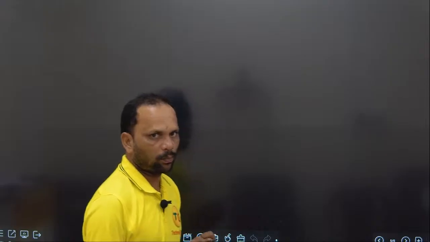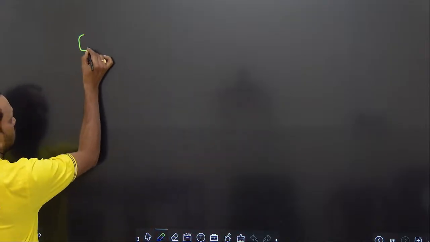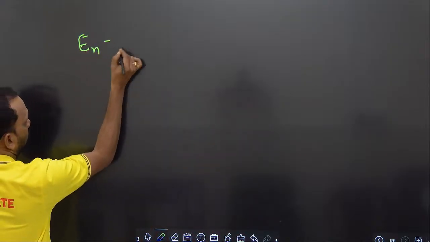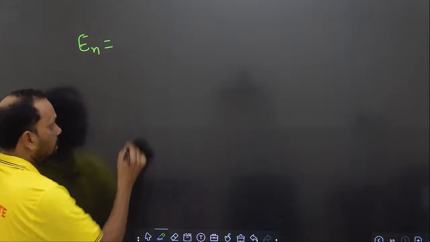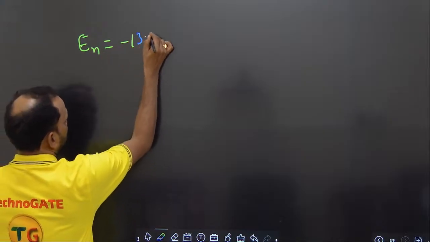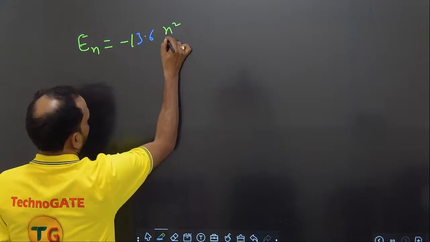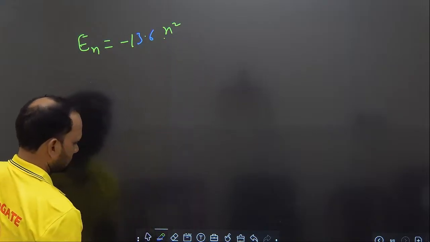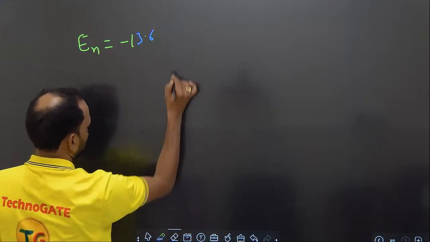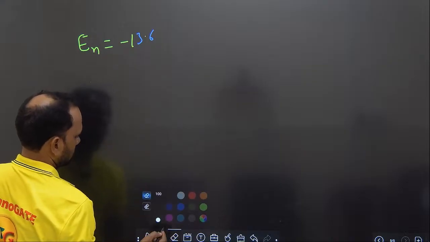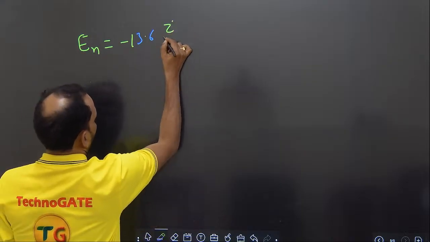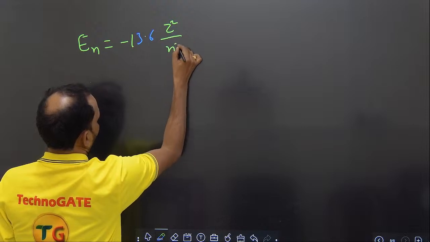The energy of the electron is how much? It is minus 13.6 Z squared by n squared. It's a very important point, that's why I'm repeating it here.